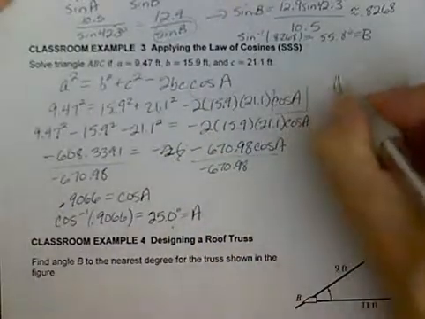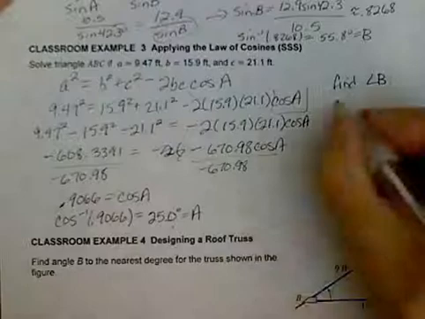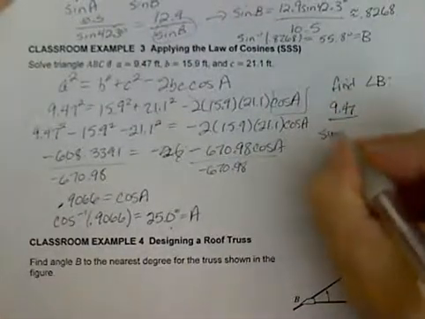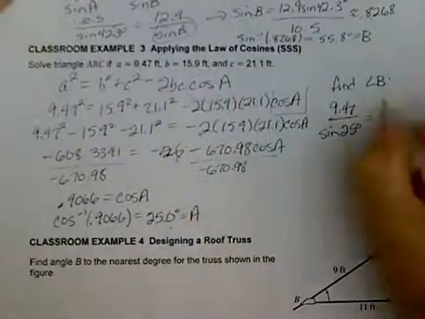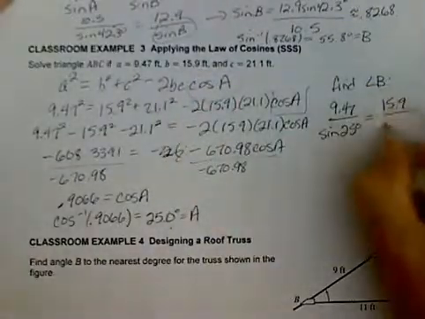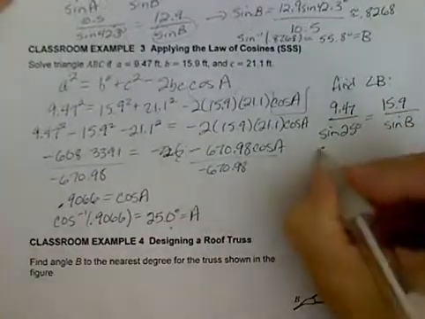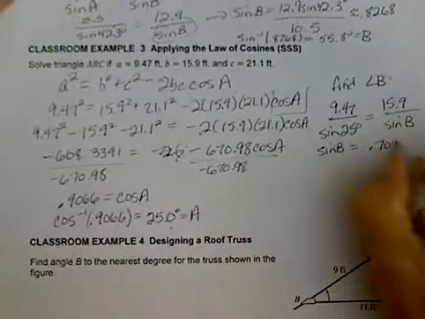So to find angle B, I'm going to take side A and angle A, which I now know. So this is A over sine A equals b, which is 15.9 over the sine of B. If I solve this for the sine of B, I'm going to get 0.7096.